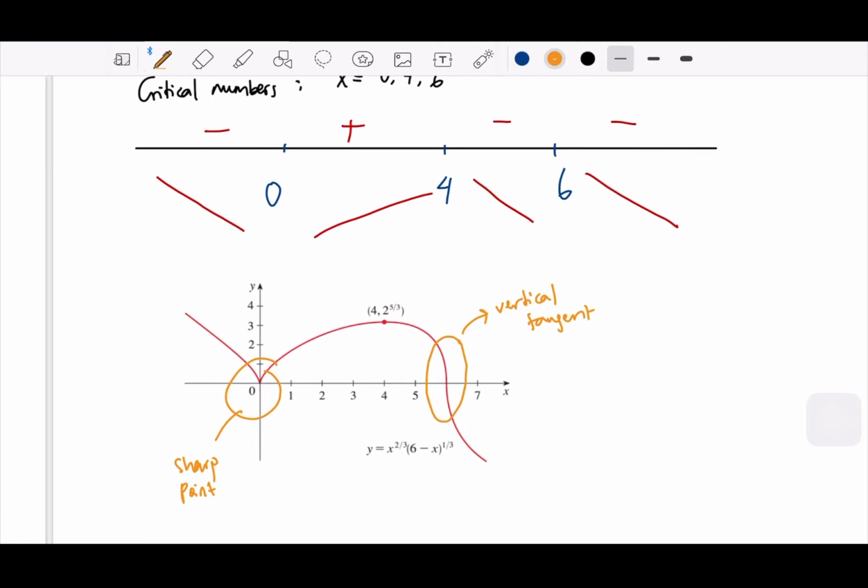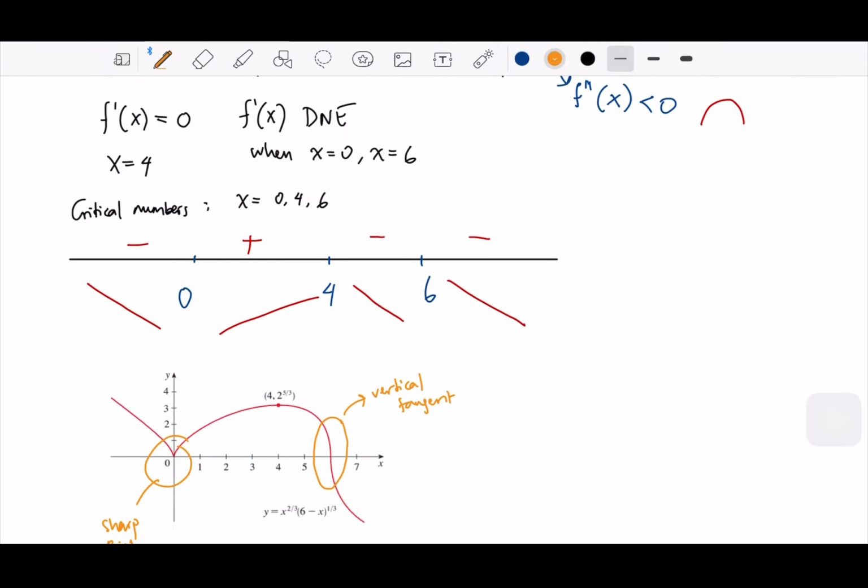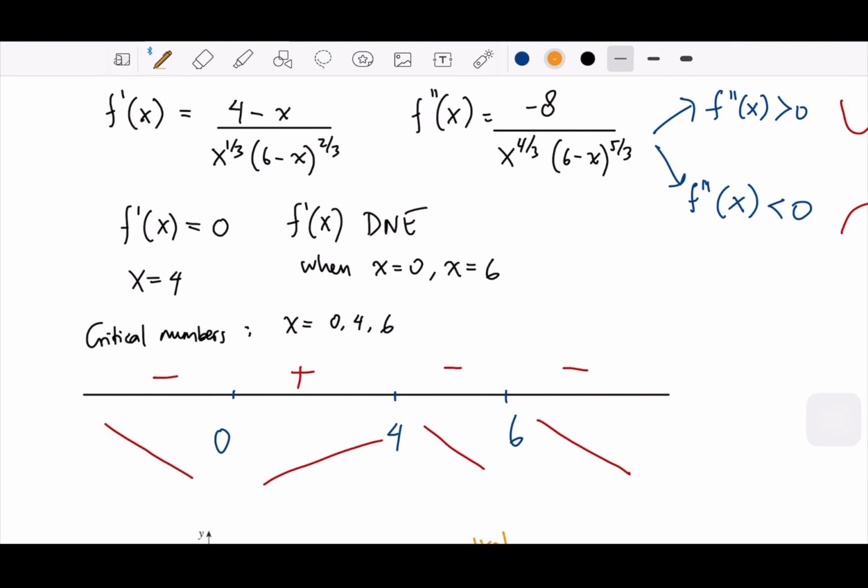So how do we get the idea of a sharp point? Based on what we have found here, we know that probably at x equals 0 it's going to be a minimum. But we know that the derivative doesn't exist there. This is the giveaway. When x equals 0, it doesn't exist.